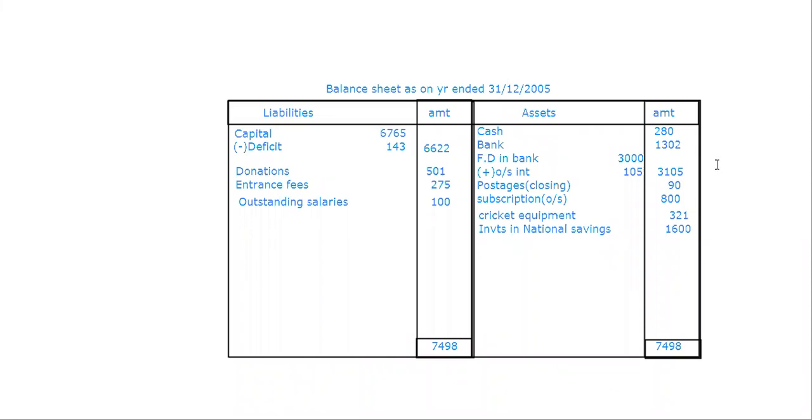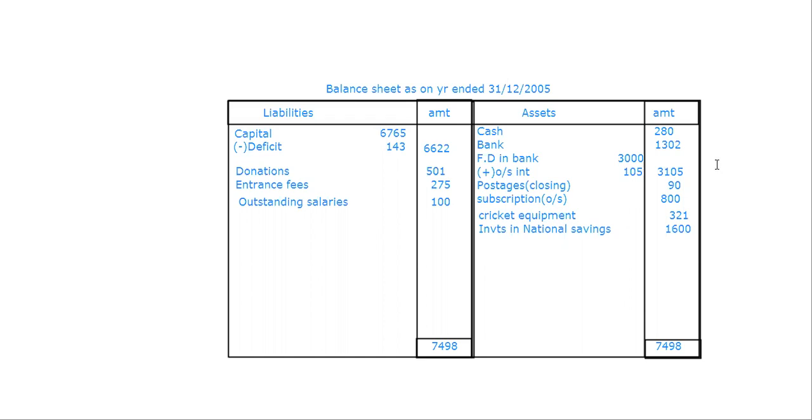Now, locker rent 300 is related to last year itself, so you add it to the locker rent on the income side in the income and expenditure account. Rent 2400 has been paid in advance, so you take it in the opening balance sheet and minus it.